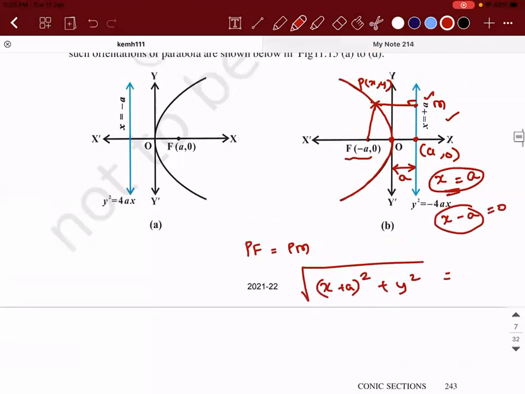So from x comma y, you're dropping a perpendicular to x minus a. So x minus a divided by square root of the coefficient of x square is 1. So the coefficient of x is 1, so 1 square. And the coefficient of y is 0, so 0 square. Are you able to understand what I'm trying to do here?